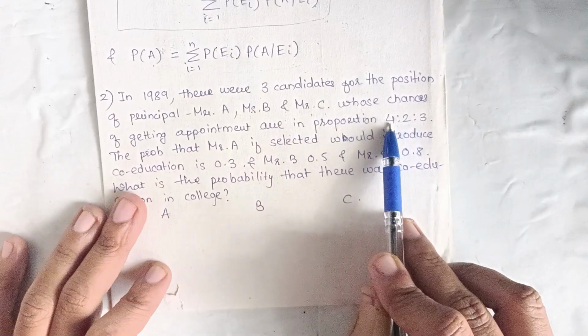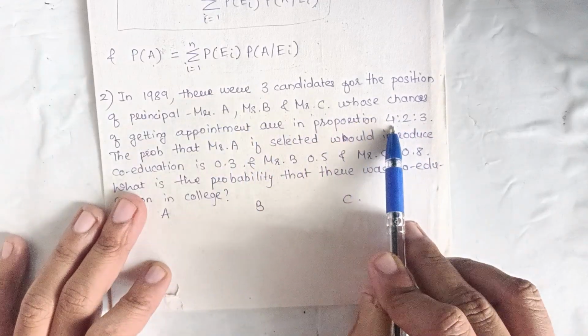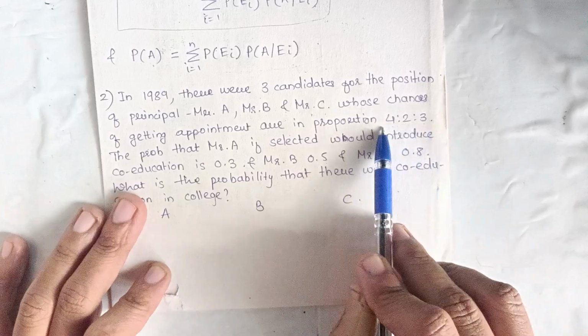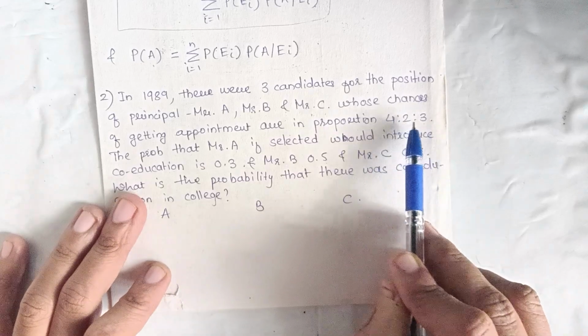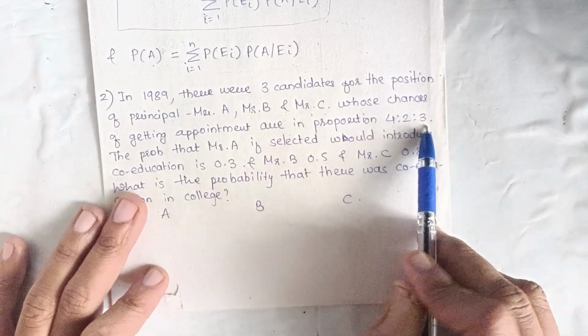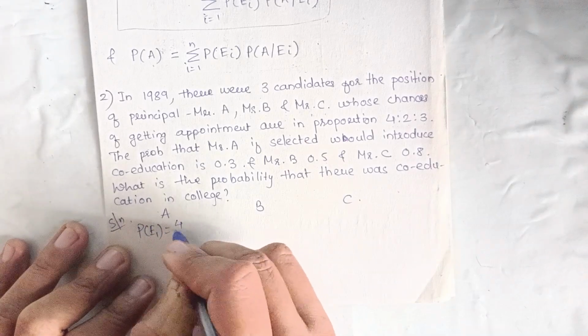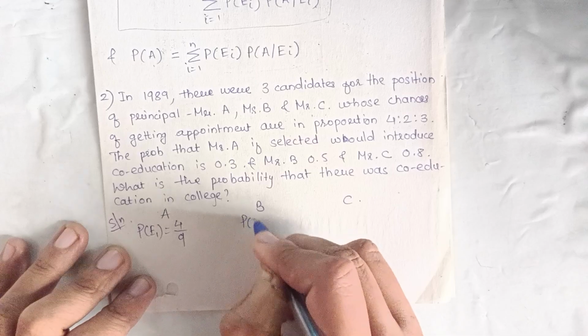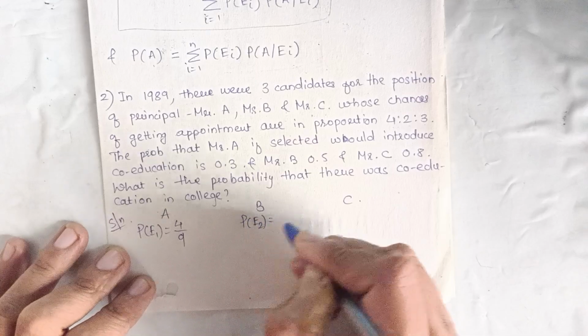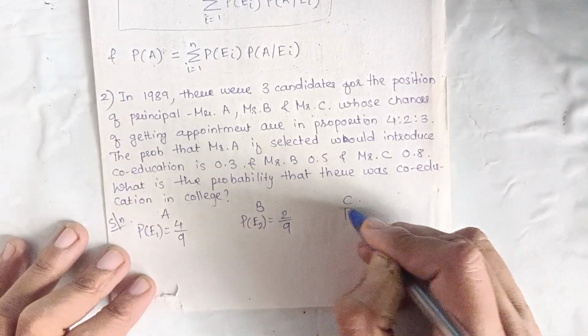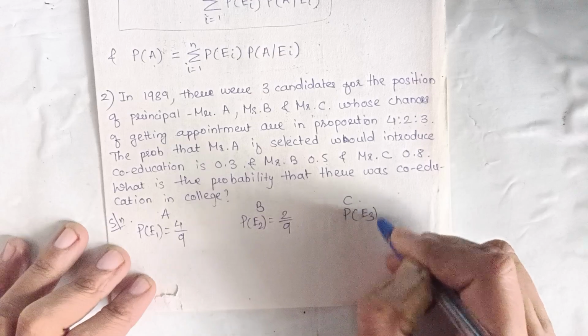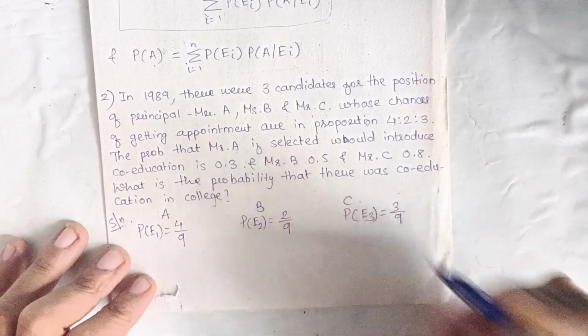So the chance of getting appointment for A is 4 upon the total. The total is 4 plus 2 is 6, plus 3 is 9. So P of E1 is 4 upon 9, P of E2 is 2 upon 9, and P of E3 is 3 upon 9.